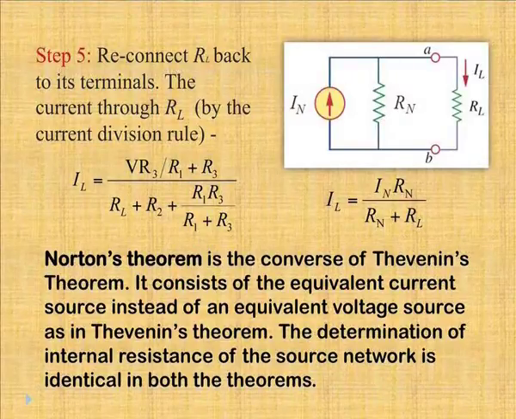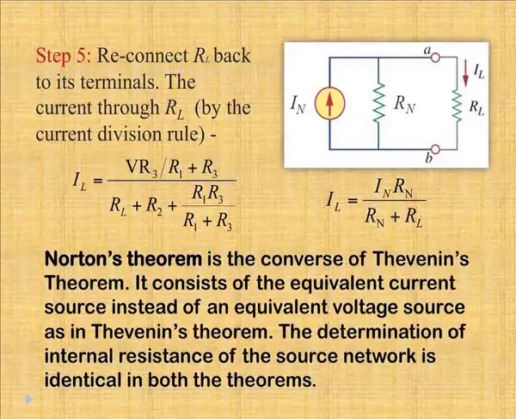In the last, we can conclude that Norton's theorem is the converse of Thevenin's theorem. It consists of an equivalent current source instead of an equivalent voltage source as in Thevenin's theorem. The determination of internal resistance of the source network is identical in both theorems.